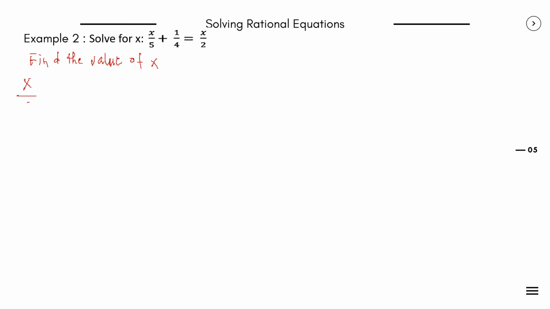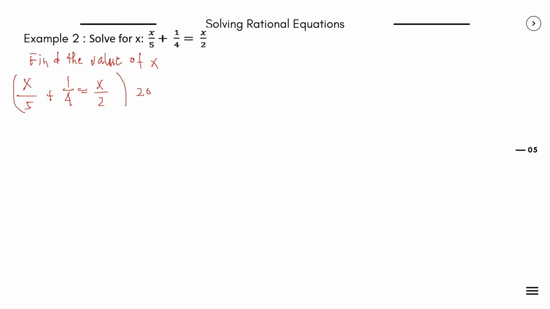X over 5 plus 1/4 is equals to x over 2. So, dito, we can have 20 as our LCD. Okay? So, yun yung pinakamababang number na pwede natin, or least, kaya nga LCD, least number that we can divide on these three numbers.